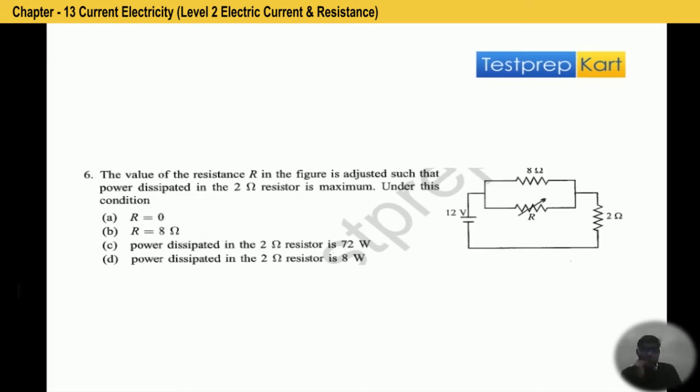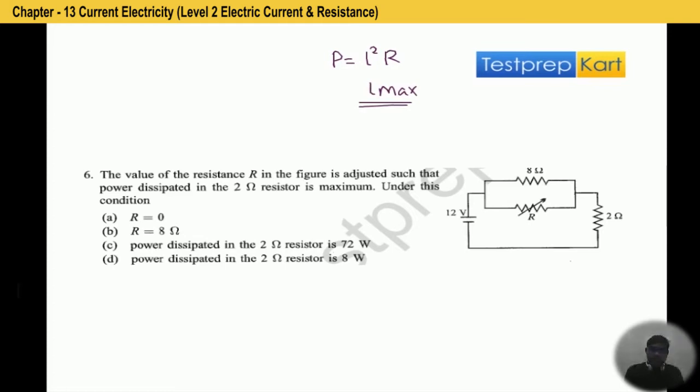The value of resistance R in this figure is adjusted such that power dissipated in the 2 ohm resistor is maximum. Under this condition, see, the power drop across any resistance is I square into R. This power would be maximum when I is maximum.